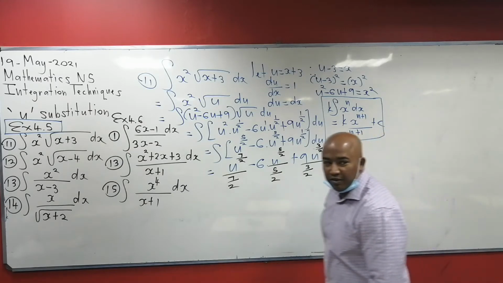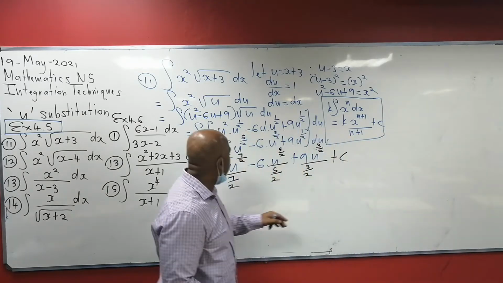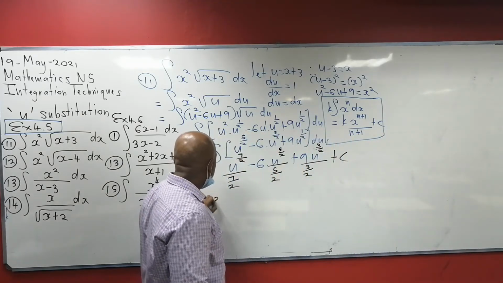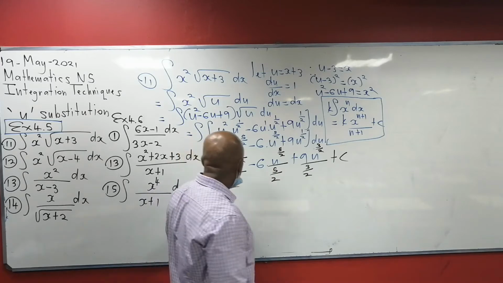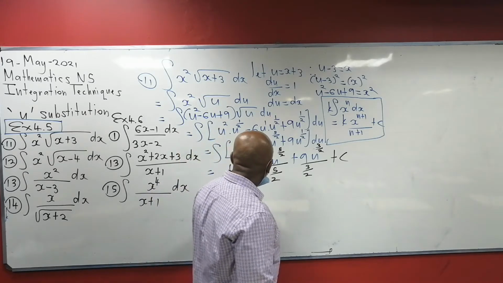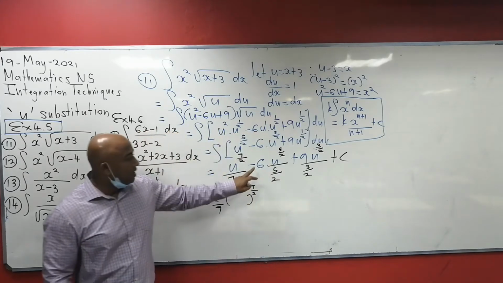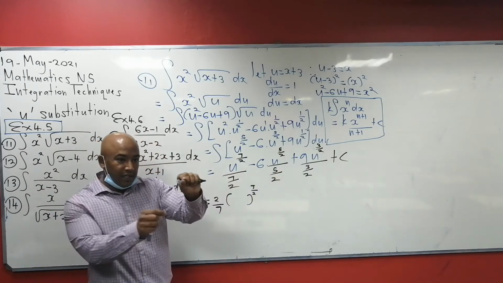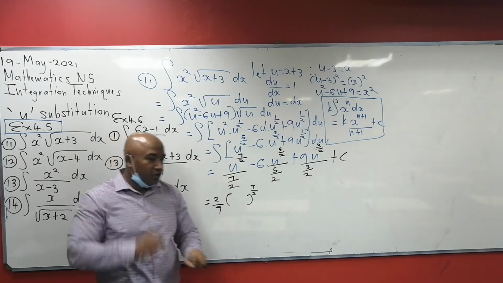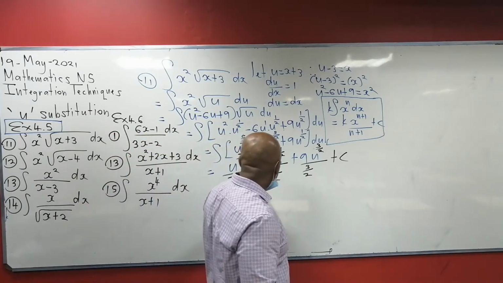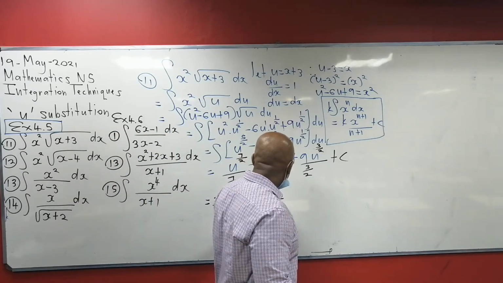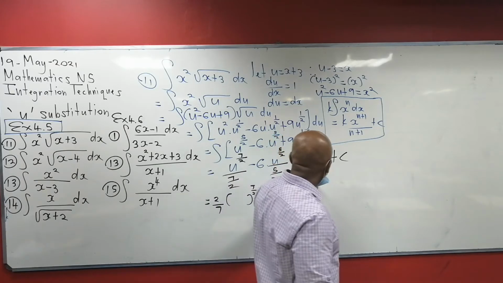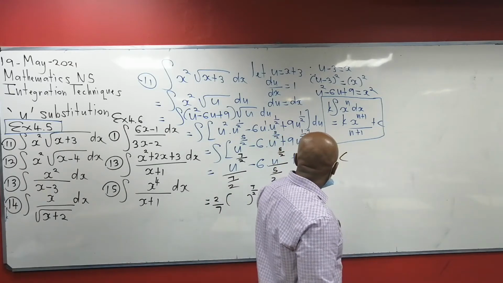Now we're done. All we have to do is just substitute back for u. So this becomes 2 over 7, u to the power 7 over 2. Here, minus 6 divided by 5 over 2 is the same as minus 6 multiplied by 2 over 5. So that becomes minus 12 over 5, and that's u to the power 5 over 2.